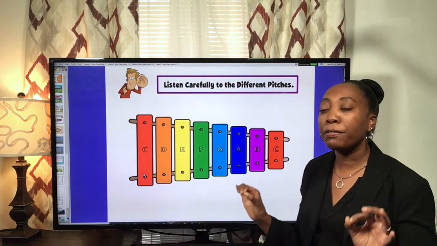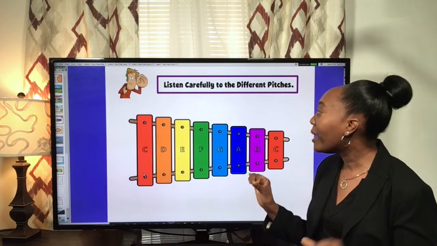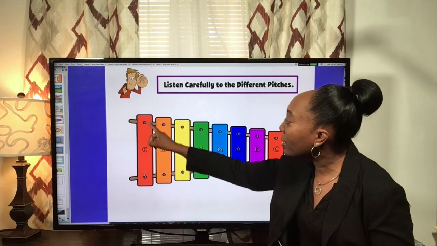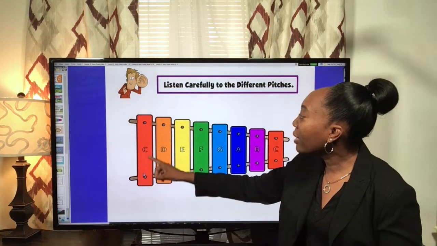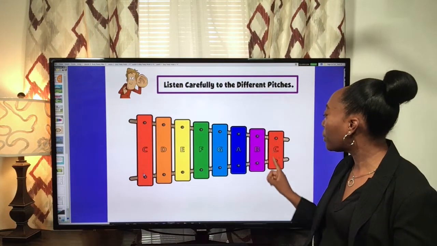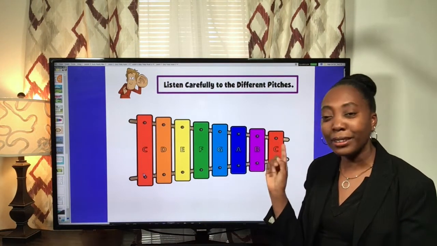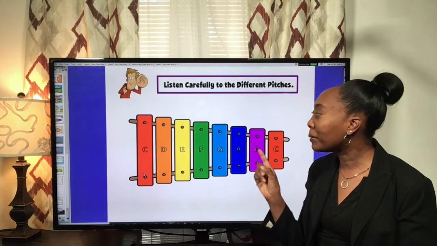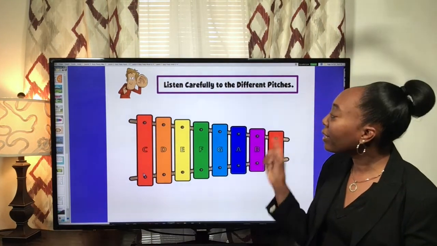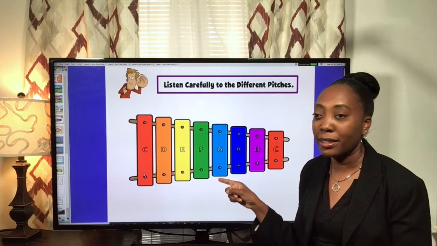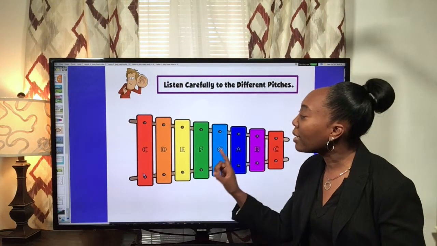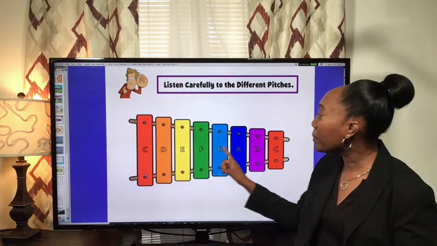We have different shapes. Wow. So we're noticing that this bar is longer than this bar. I wonder why. Is that done deliberately? Oh, absolutely. Now let's take a little step further into this, right? So let's see if we can listen to each bar.